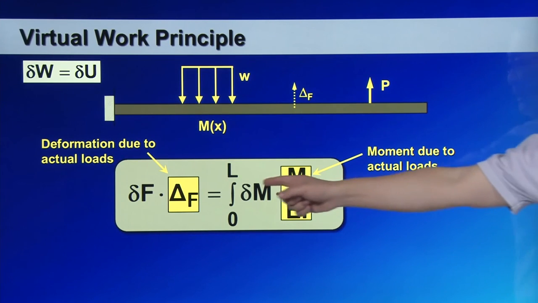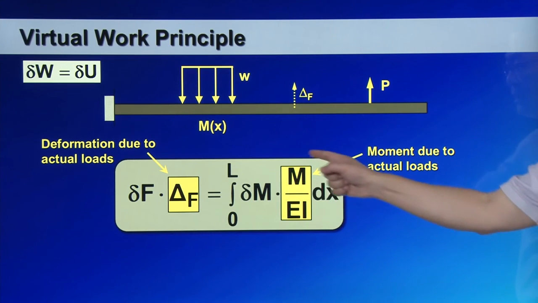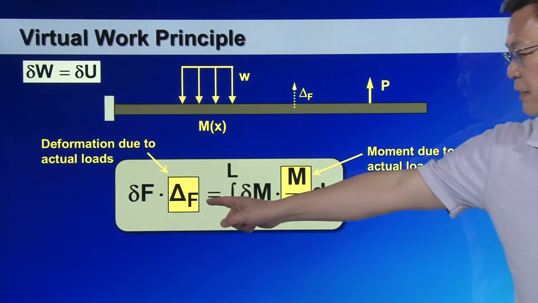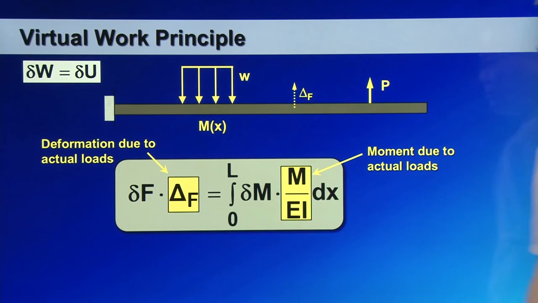I highlighted in yellow the terms coming from the actual situation. This is the internal bending moment due to the actual external force, and this is the deformation of the structure that we wish to find.